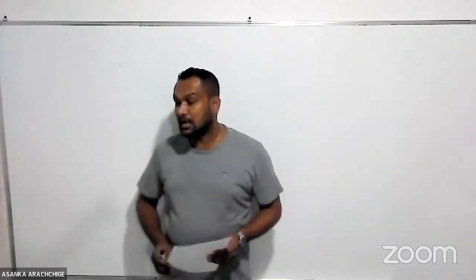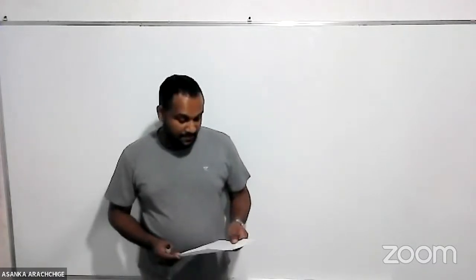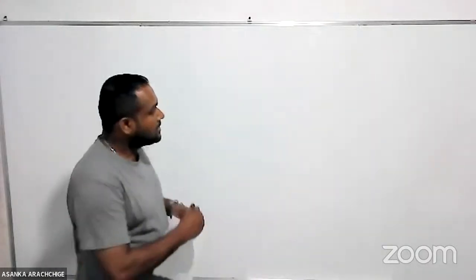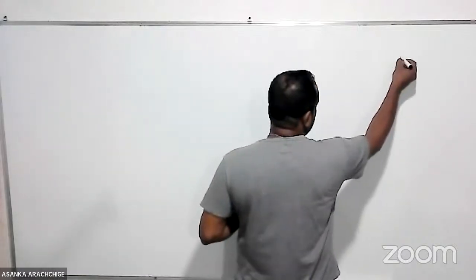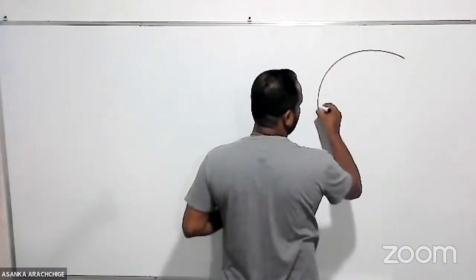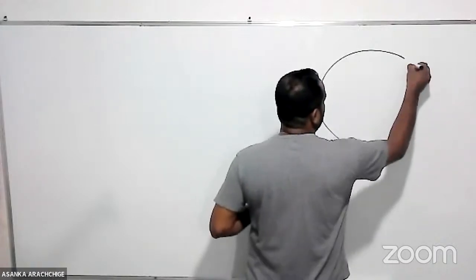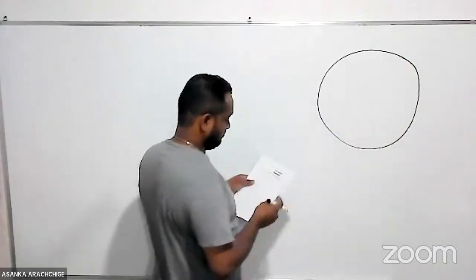Now we are going to start the discussion of the paper. There are 4 questions from geometry. The first one today. You are given a diagram like this. There is a circle.